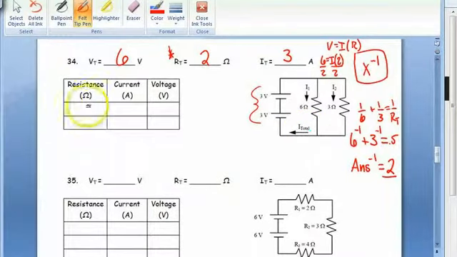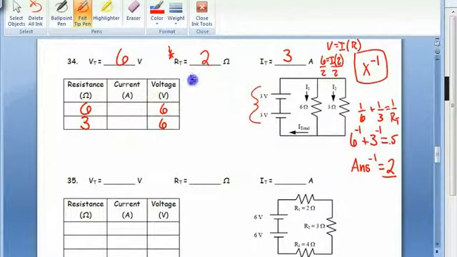Okay, so to solve our resistance grid, we're going to again put in each resistor, so we've got 6 and 3. Now I just told you that each resistor and each wire pathway can have a different current. So what stays the same and what's constant on a parallel circuit is the voltage. So these will be 6, just like our voltage total up here at the top.